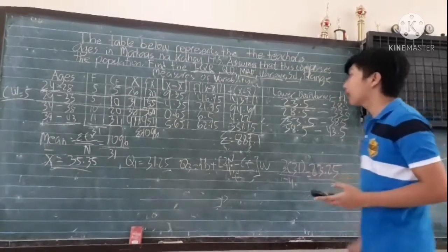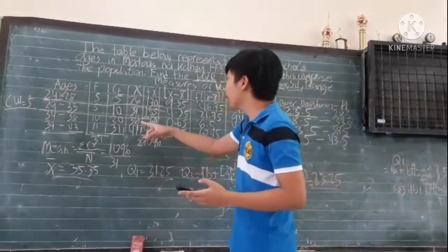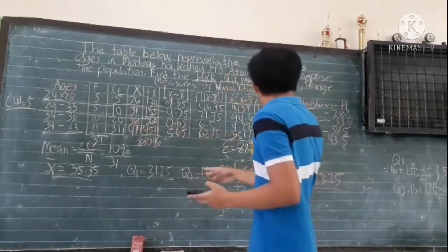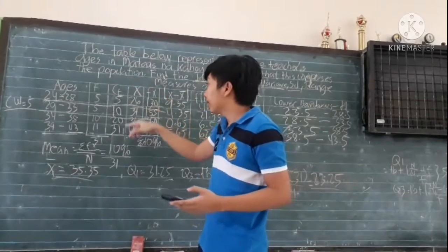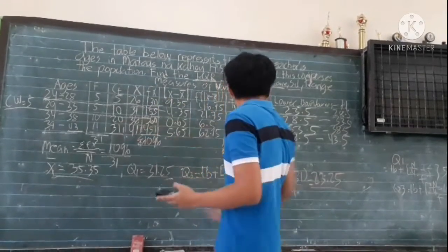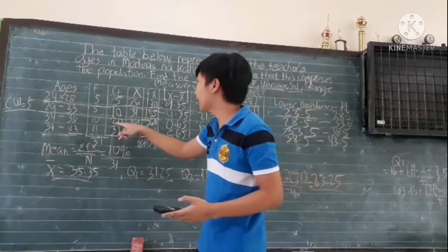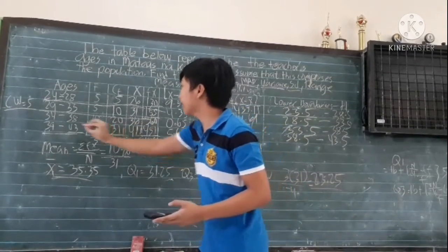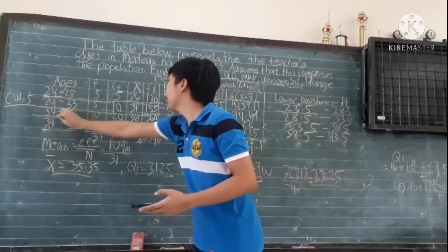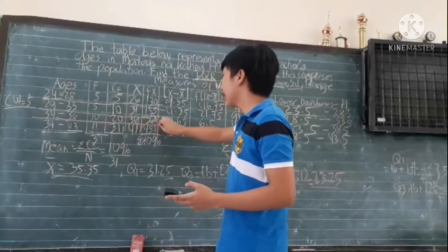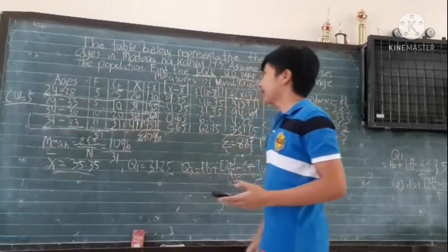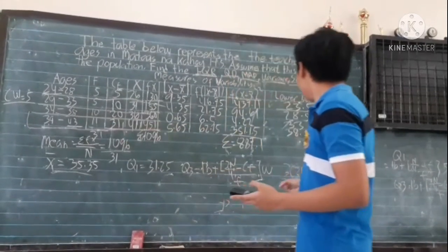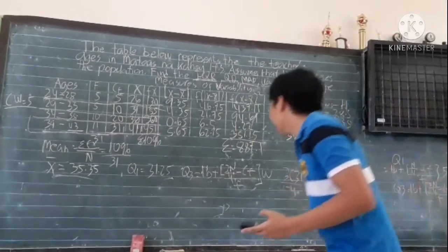So we need to find where is 23.25 included here in our cumulative frequency. So it's not in 20 because it's lower than our cumulative frequency. It's here. In 31. So we need to find the lower boundary.